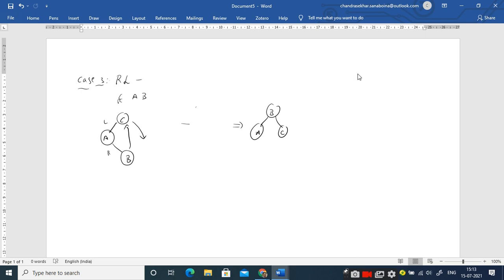That's it. Is it true or not? So B is the root node, A remains as the left child, but when you replace this C with B, this C becomes the right child of B. This is a simple technique you can follow, right? Is it clear up to this point?